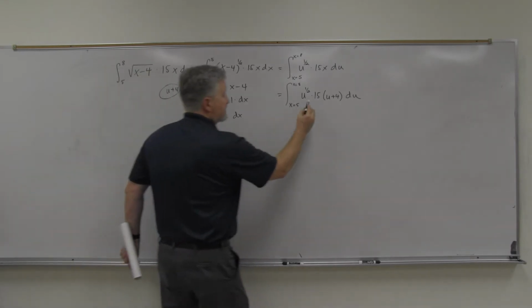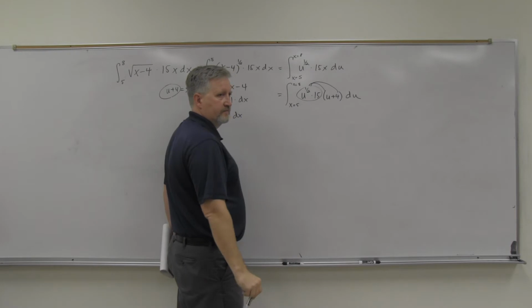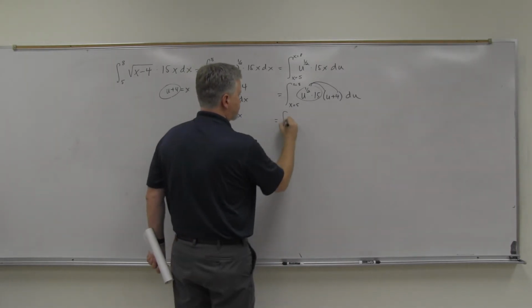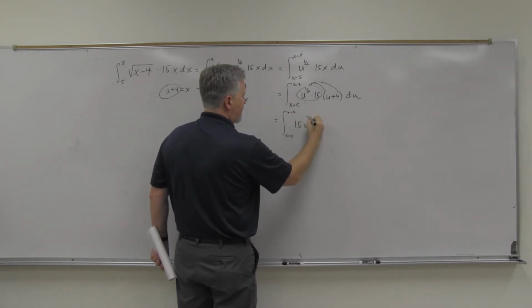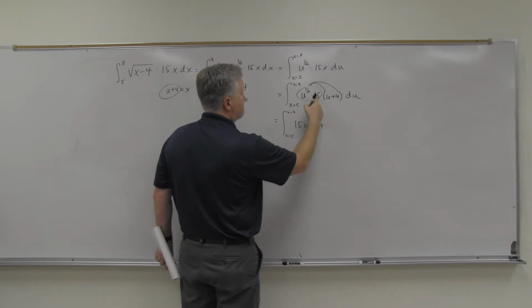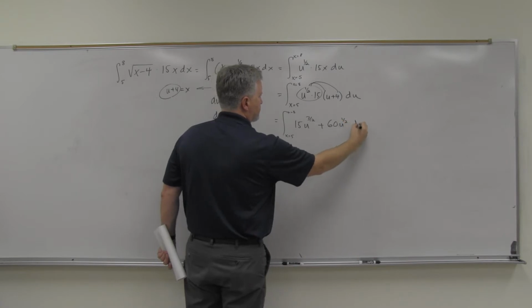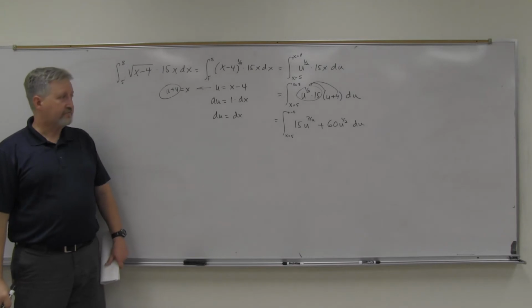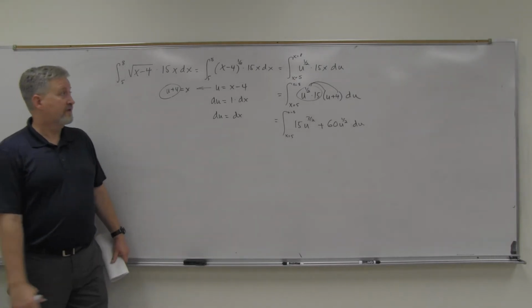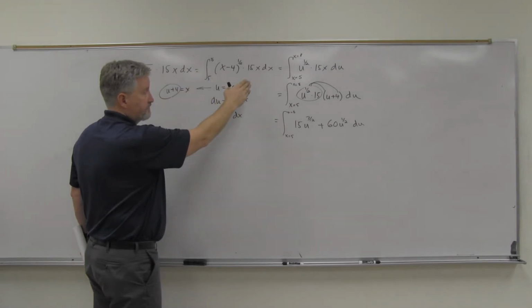Now I can just go ahead and multiply this 15u to the 1/2 into that parentheses there. So I'll have 15u to the 3/2 plus 15 times 4 would be 60u to the 1/2. Now I can do this. All along until this point, I've had times.